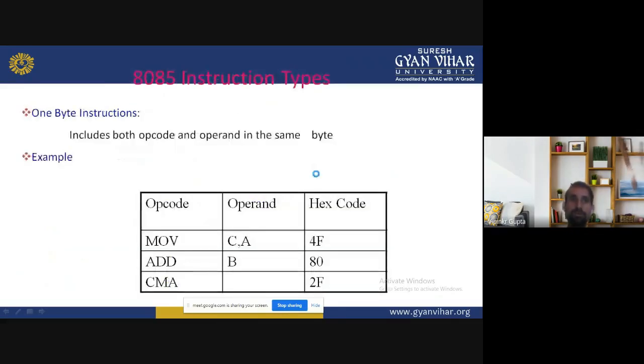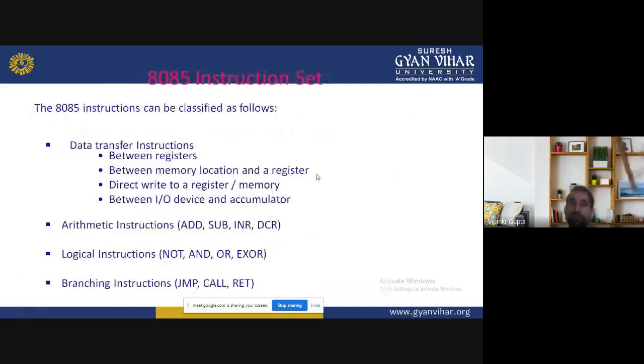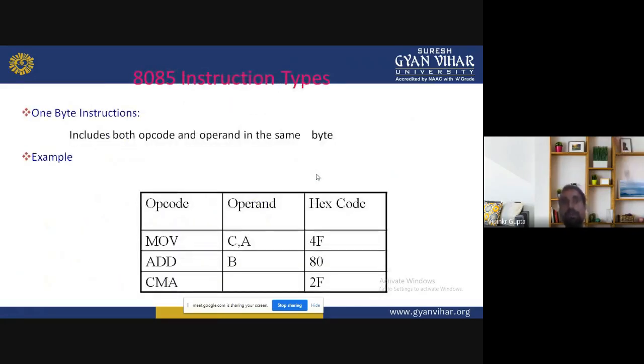The next classification of the instruction set is the length of the instruction sets. As we know, every instruction has two parts, opcode and operand. The first part is called the opcode, which provides information about the instruction operation, which operation we are performing, like move.